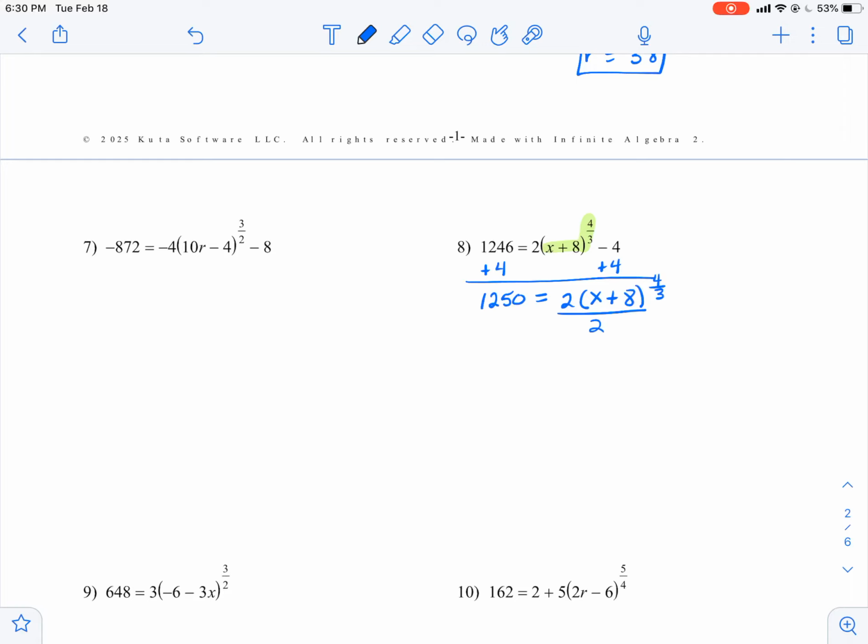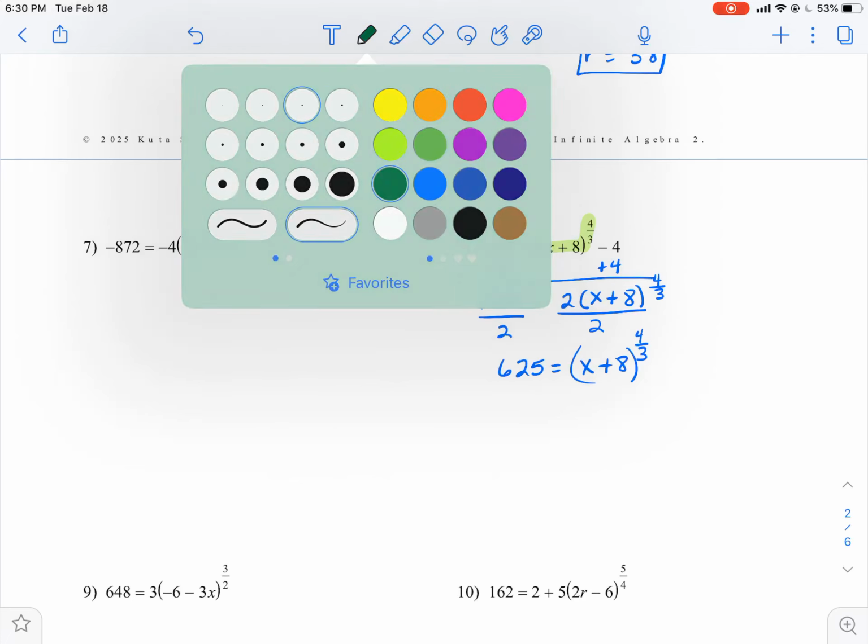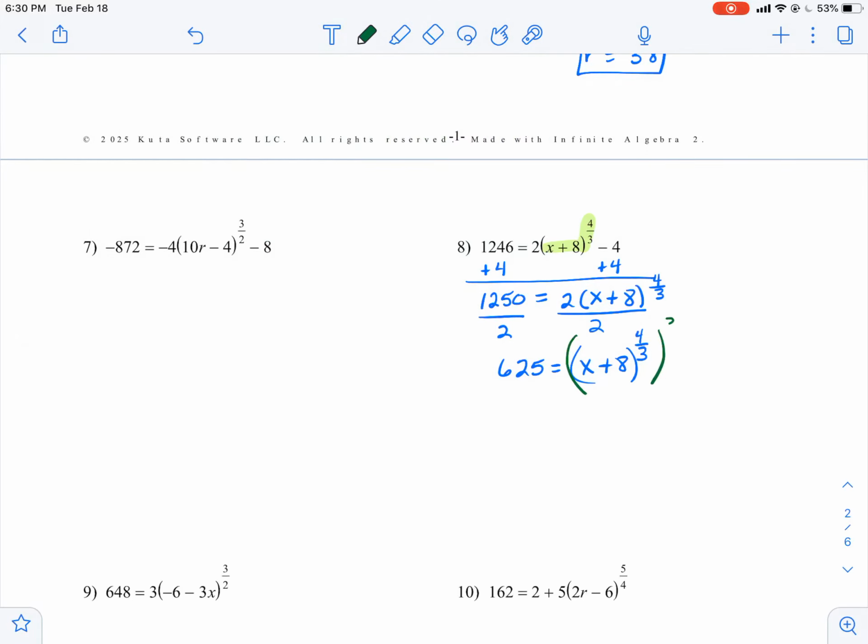I'm going to go ahead and divide off that 2. So that's 625 equals x plus 8 to the 4/3. And now when I go to do my reciprocal, it will be to the 3/4 to both sides. So these will cancel. I'm going to be left with just the x plus 8.